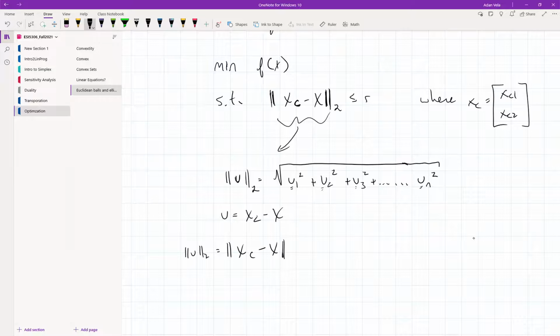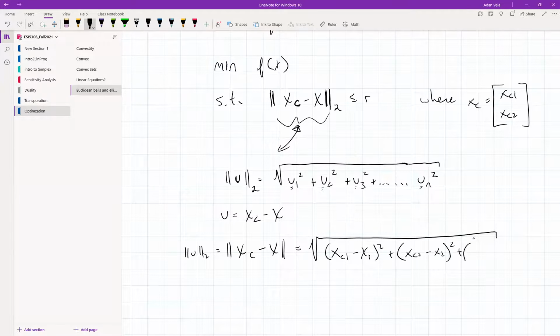right? So that's how I wrote it up here. That's just equal to xc1 minus x1 squared plus xc2 minus x2 squared plus xc3 minus x3 squared, and so on, right?